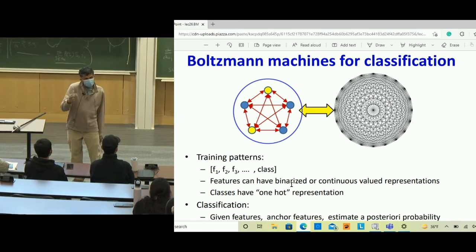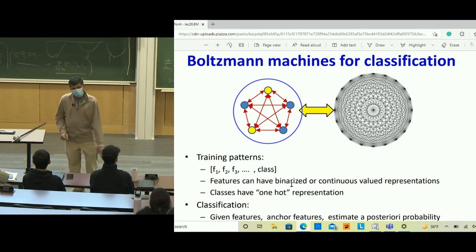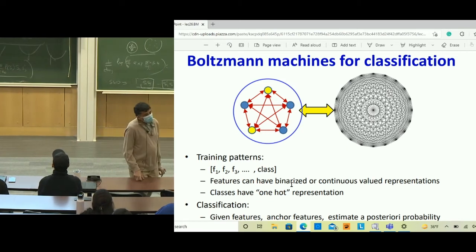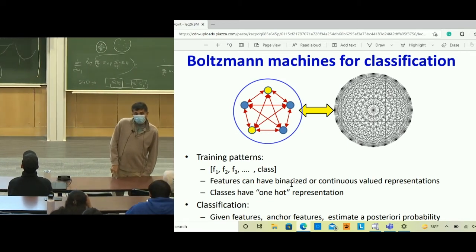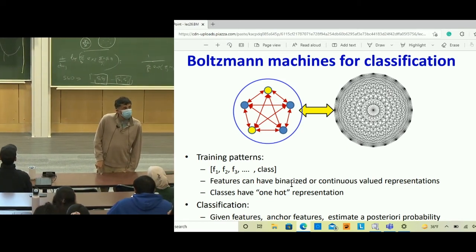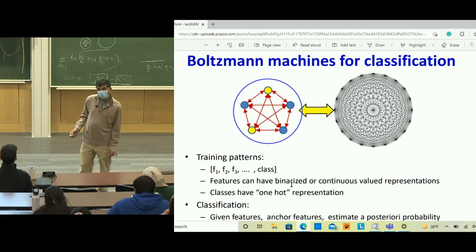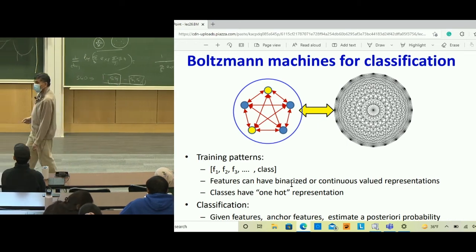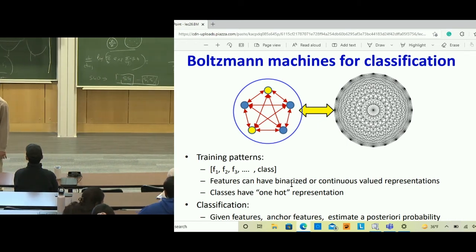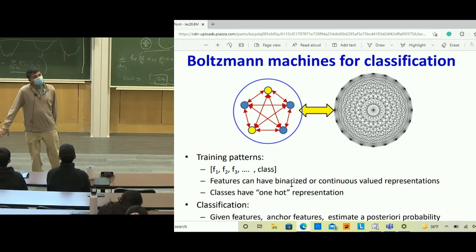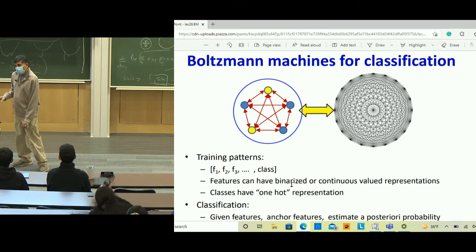You plug in the features in the yellow bits, the bits that you know, let the rest of them evolve, and the remaining bits which encode the class should recover the class for you. So the Boltzmann machine is a more generic concept than a content addressable memory, or more generally, content addressable memory is basically everything, right? It's regression, it's classification, it's pretty much anything you ever asked for.